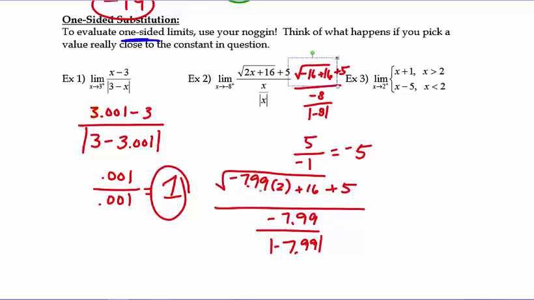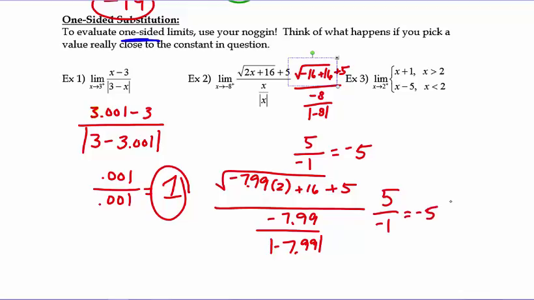So up here, negative 7.99 times 2 plus 16, this is going to be a number really close to 0 and positive. So technically, yeah, this is going to be greater than 0, but it's going to be like 5 plus the square root of like 0.001 or something, which is basically 5. And then down on the bottom here, I have negative 7.99 divided by positive 7.99, which is going to be negative 1 again. I still get negative 5.